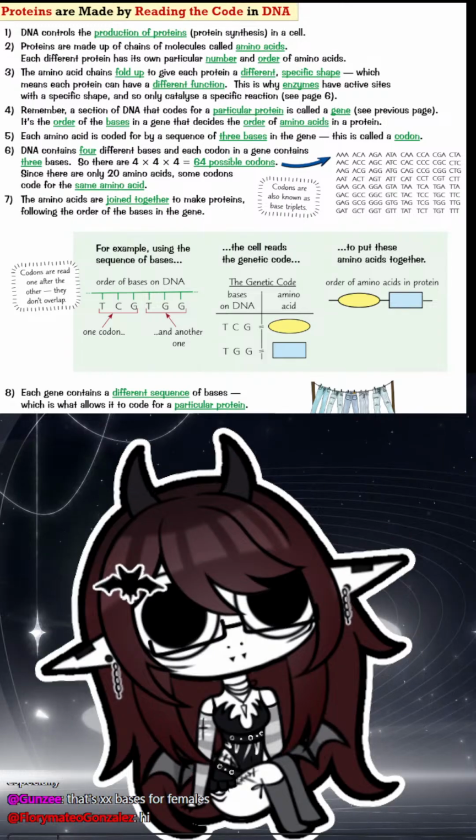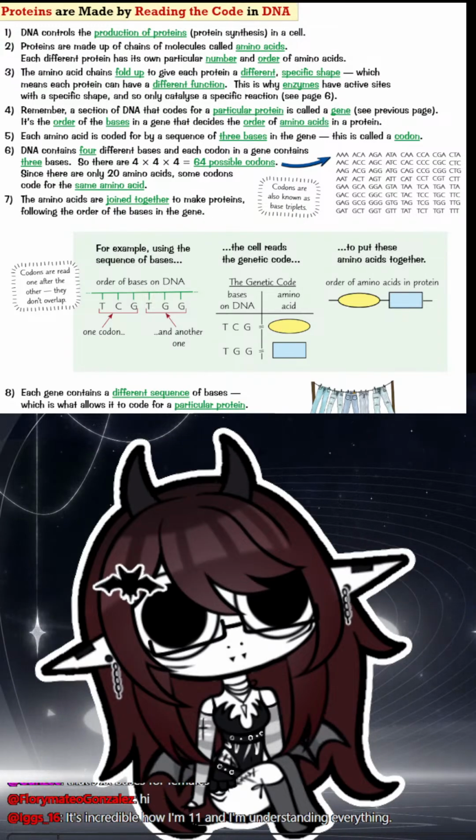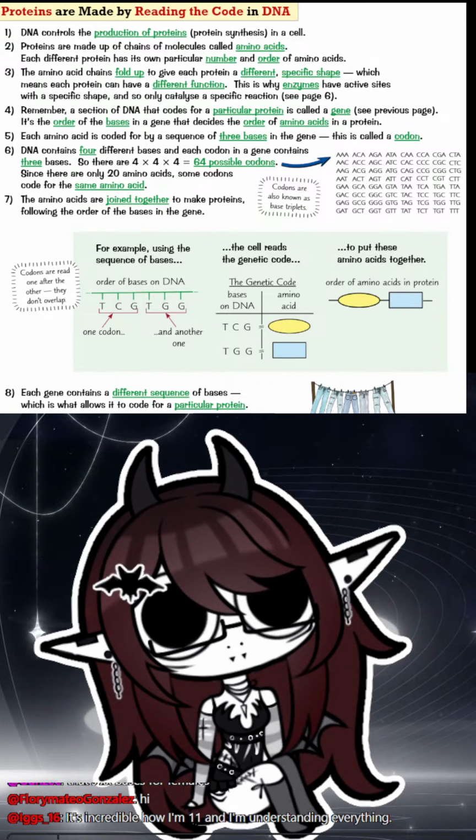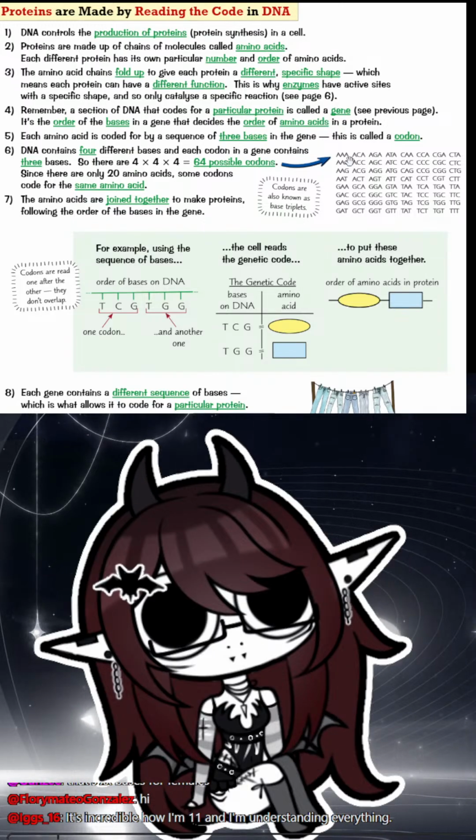DNA contains 4 different bases, and each codon in a gene contains 3 bases. So, there are 4 times 4 times 4, 64 possible codons. And here are all the possible ones.